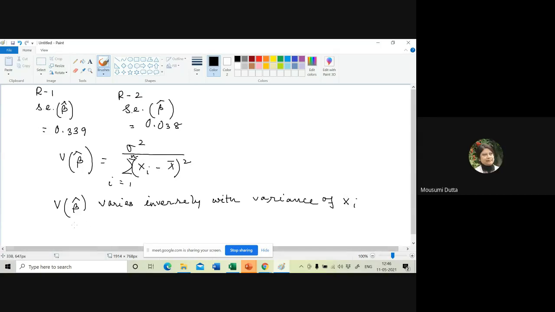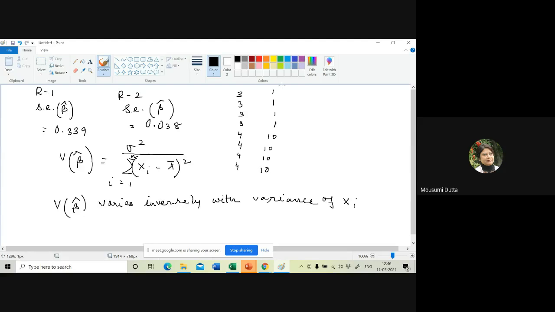But in case of researcher 1, variance of xi is smaller compared to that of researcher 2, because researcher 1's xi values are like this, and researcher 2's are like this.